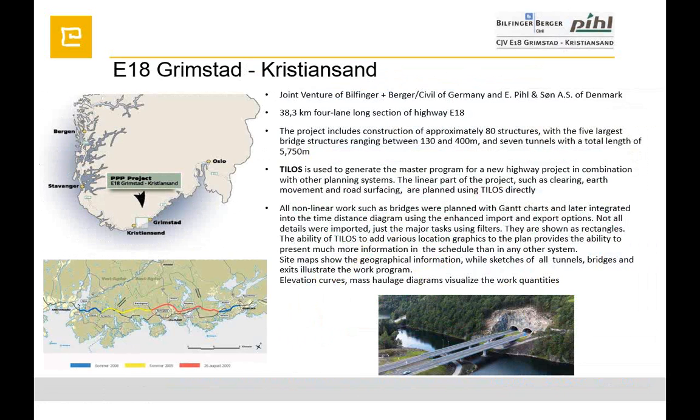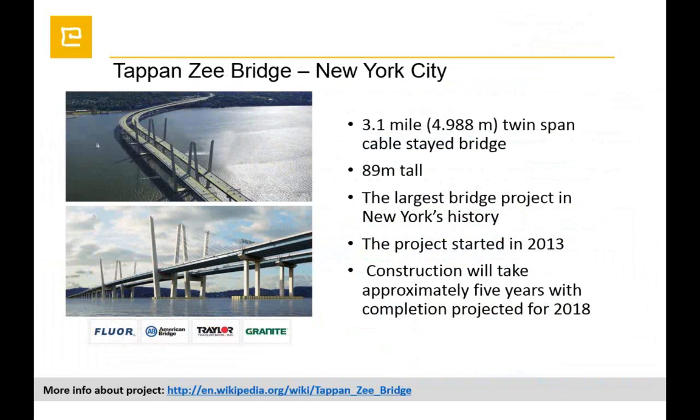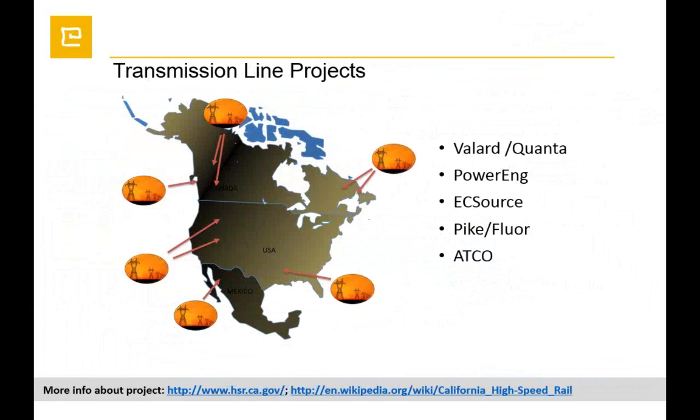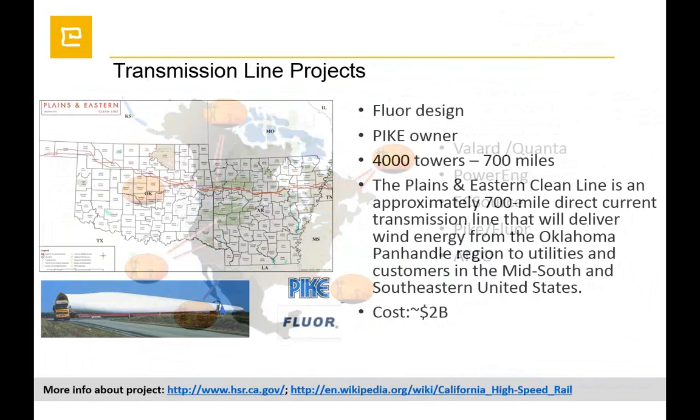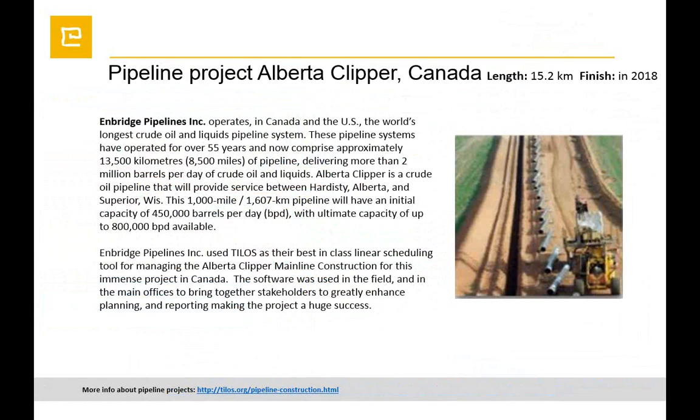This is one of the road projects, and for the bridge projects, for example, in Turkey, the Third Bosporus Bridge project, and many other worldwide ongoing projects, we can give you samples as well. Transmission line projects and pipeline projects are already used in the system. Even if your project is 400 meters or 1000 kilometers, it doesn't matter.